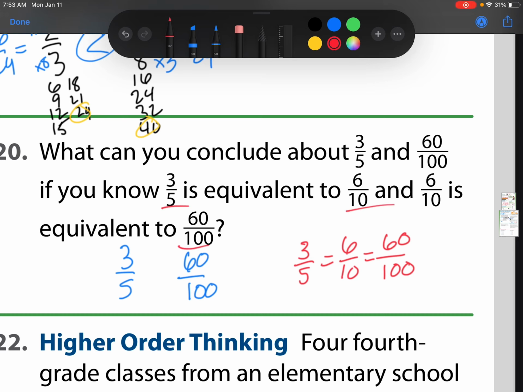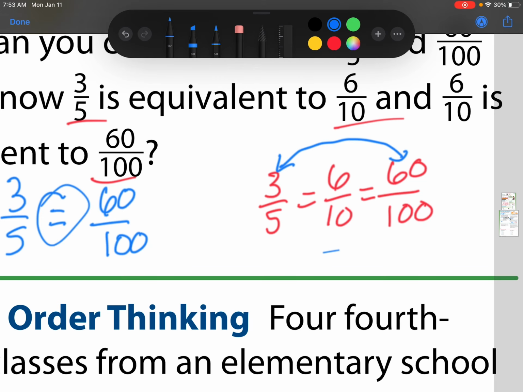Well, we can infer that this fraction is equivalent to that fraction. We don't have to do any math because we're just following those steps. We don't have to find those common denominators or those least common multiples because of this property.